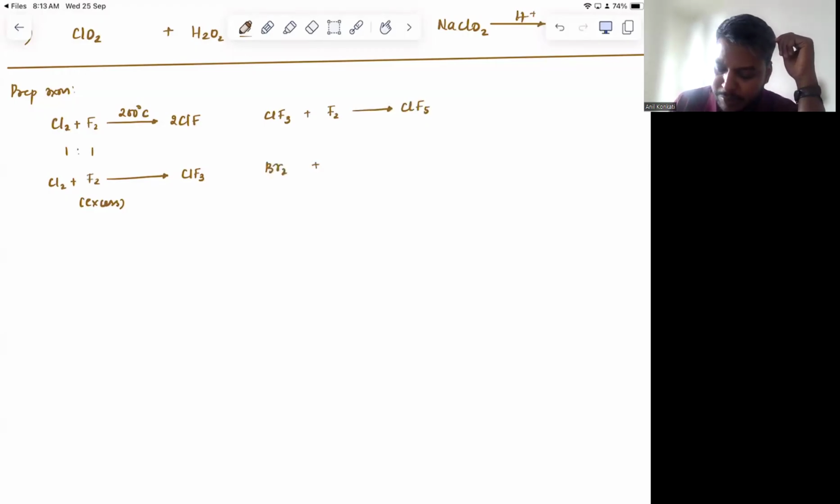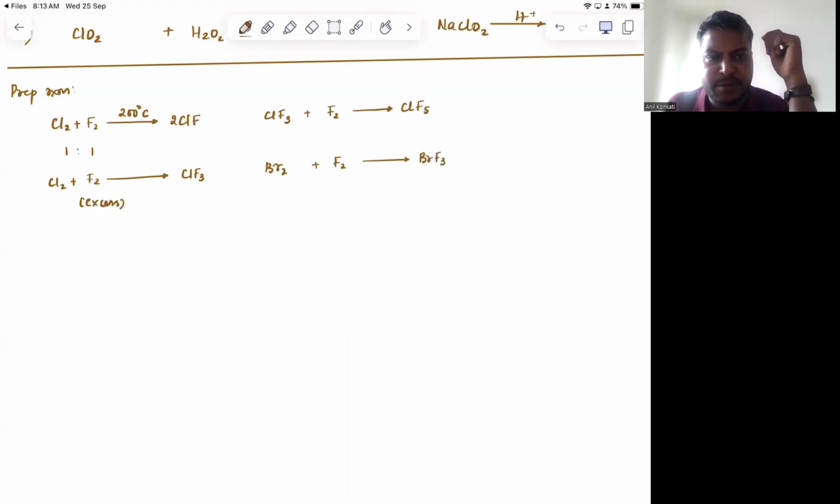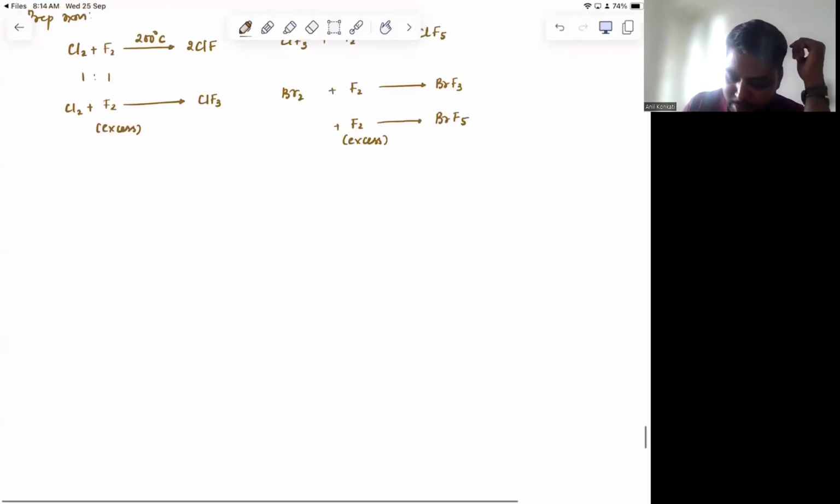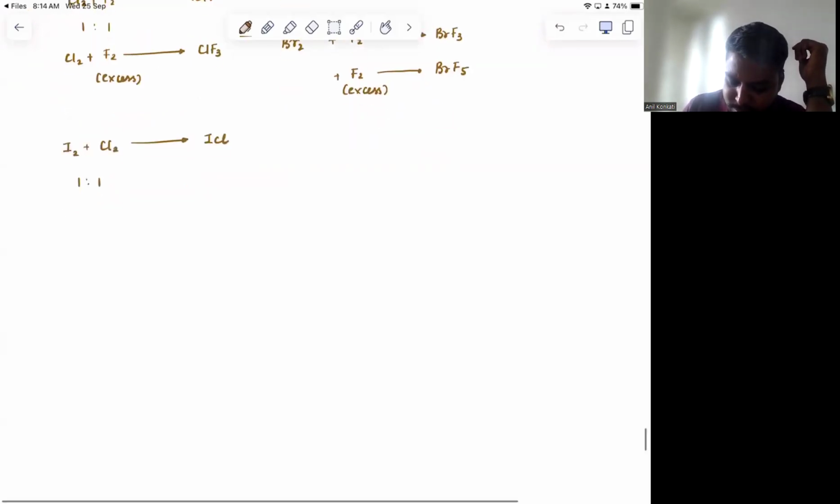Br2 plus F2 will become BrF3. BrF generally is not formed easily. Got it? And if we take F2 in excess, then it will become BrF5. Next, I2 plus Cl2 will usually become ICl if it is in 1 is to 1 ratio.